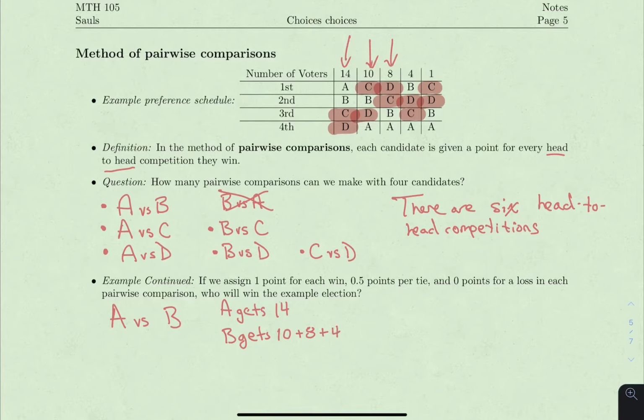Likewise, B gets the next 4 and the last, because B is above A in all 4 of these columns. B won these. So A got 14 total votes, and B got 10 plus 8 plus 4, which is 22 total votes. So B is awarded 1 point.